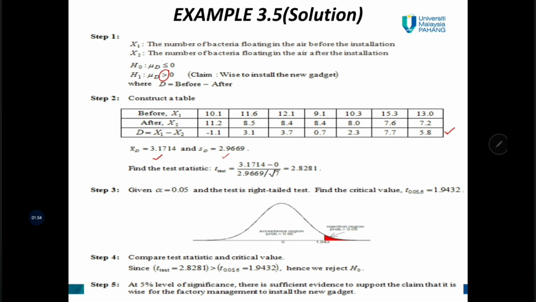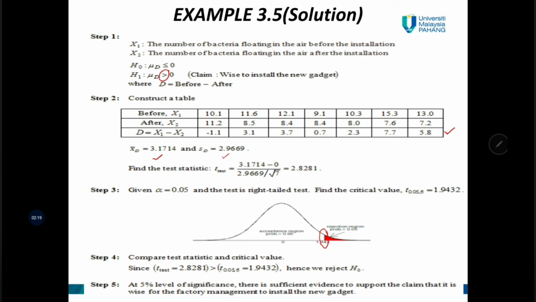After that, get the critical value, which is t 0.05 with degrees of freedom 6. Using the statistical table, we can get the value. Once we have the rejection region and critical value, step 3 is complete.